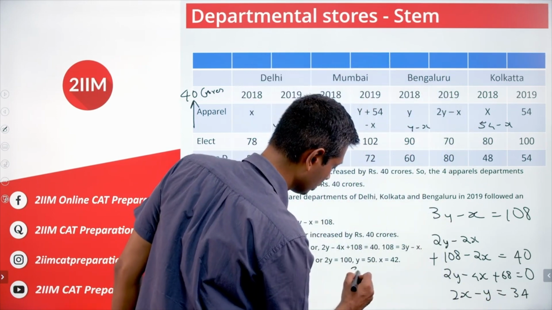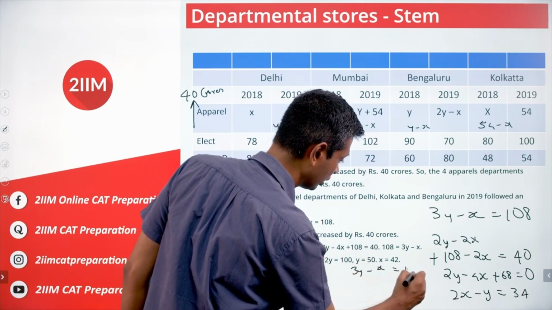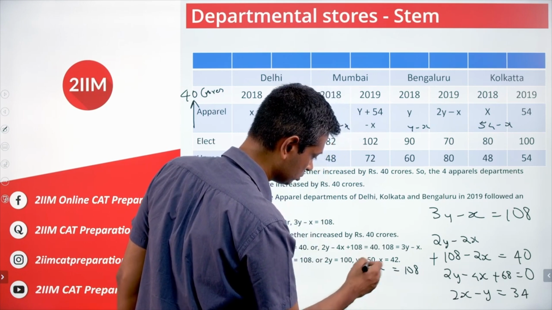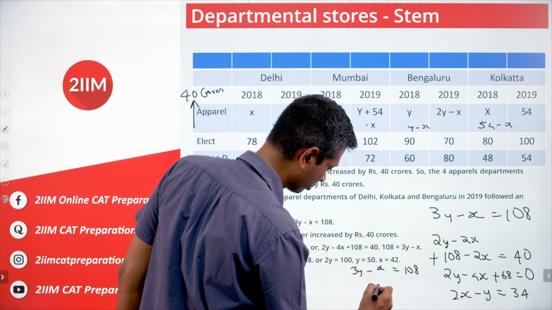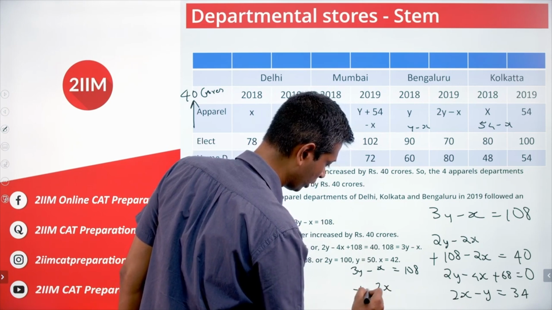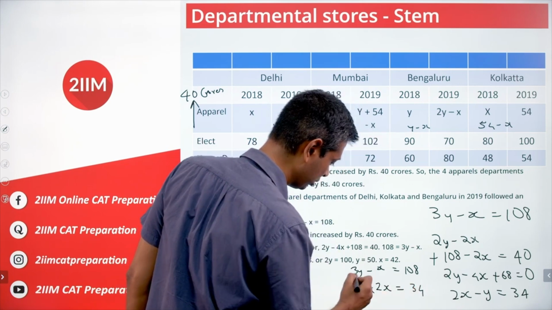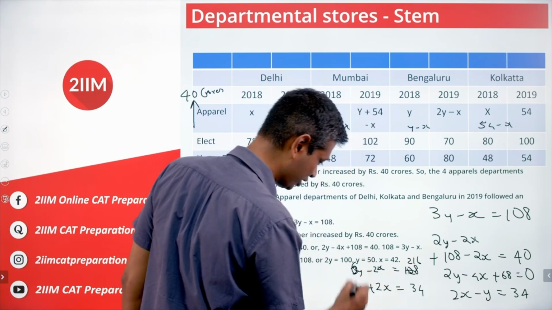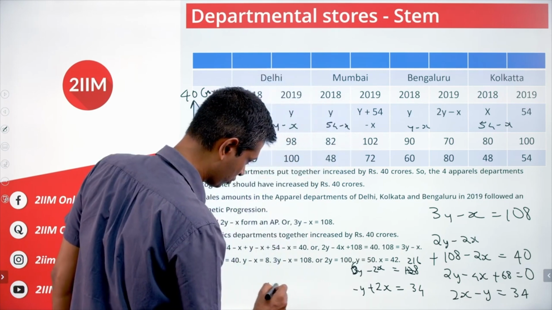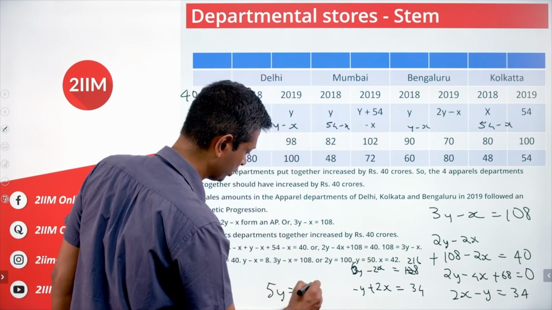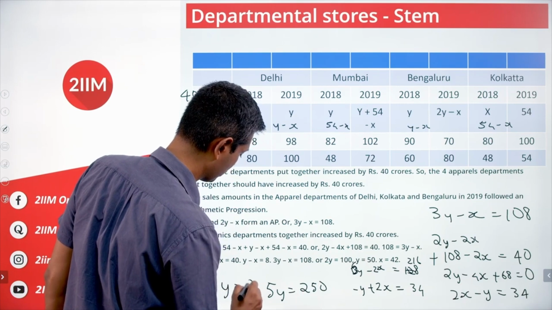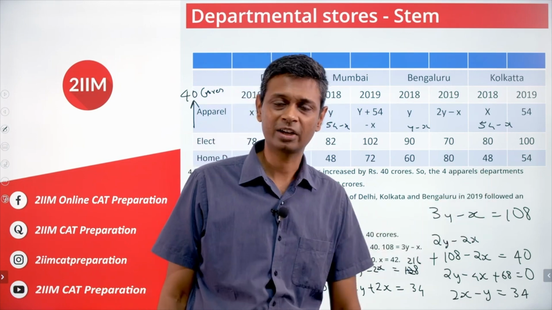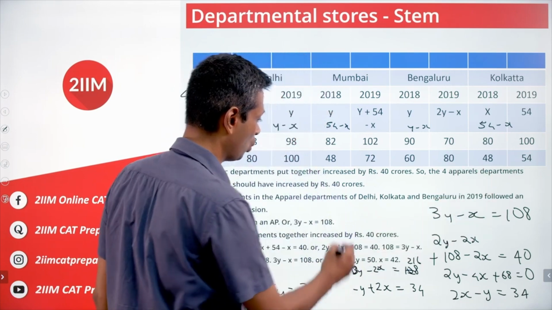So we solve this. 3Y minus X is 108. 2X minus Y equals 34. Double this: 6Y minus 2X is 216. Add these two. 6Y minus Y is 5Y. 5Y is 250, or Y is 50. Y is 50. 3Y minus X is 108. We can find X.